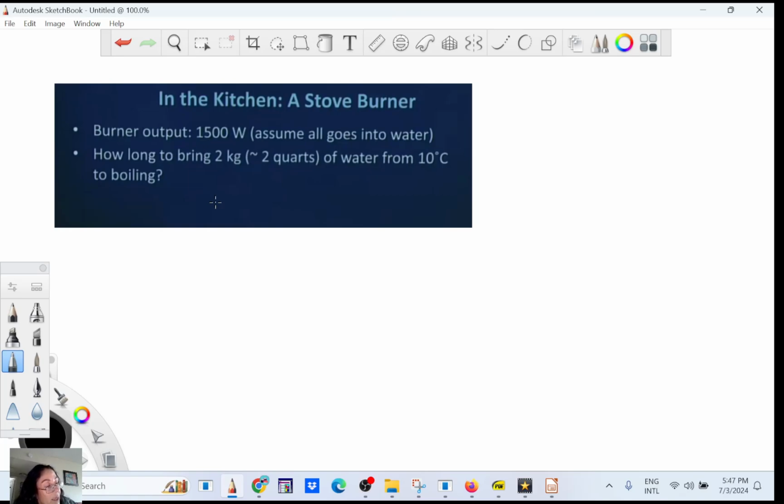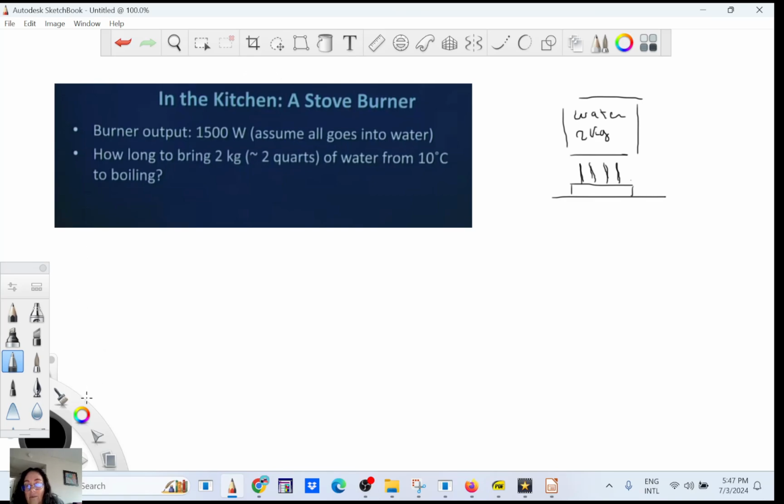So you can pause the video. So burner, okay, it means you have a stove here. You have a flame, so it's using gas, and here you have water. You have 2 kilograms, which is about 2 liters or 2 quarts.